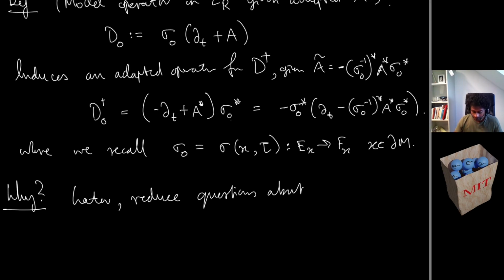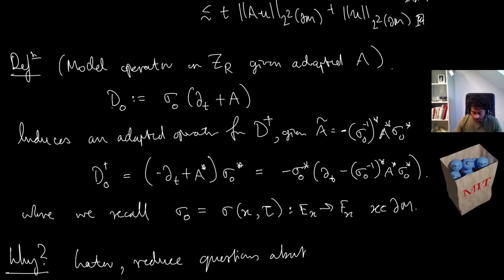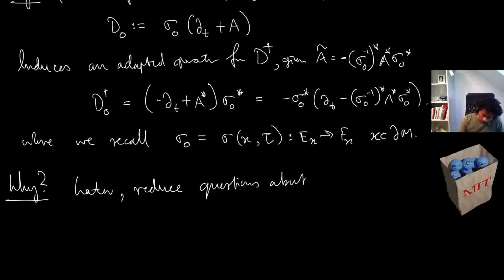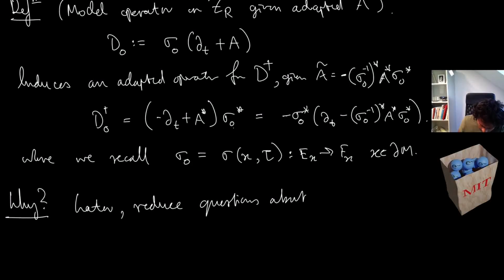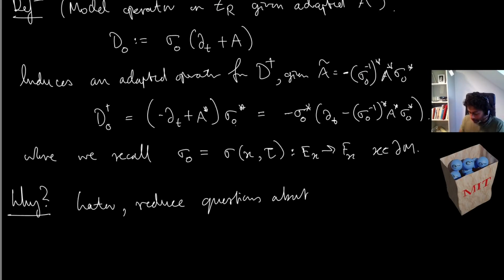I mean, we have operator d naught on ZR, and then we want to compute the formal adjoint of d naught, and the formal adjoint of d naught is computed to be this. Of course, you can write a dagger here, but it doesn't really matter, right? So if we compute the L2 adjoint of, well, if we compute the formal adjoint, this is what we end up with.